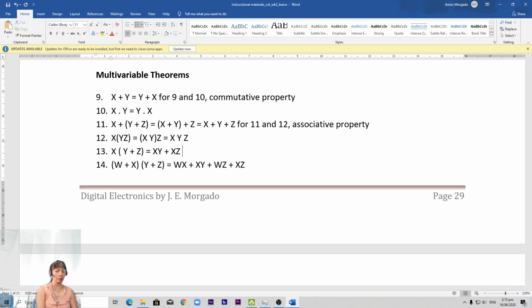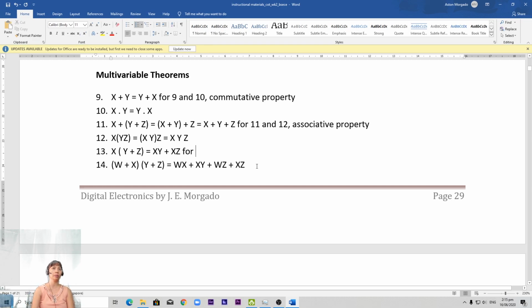How about here for 13 and 14? We have x open parenthesis y plus z close parenthesis is the same as xy plus xz. That is for 13. And for 14, open parenthesis w plus x close parenthesis times open parenthesis y plus z close parenthesis is equal to wy plus xy plus wz plus xz.